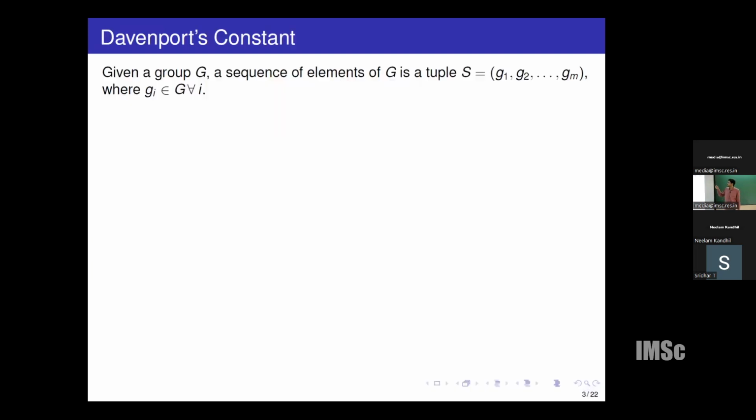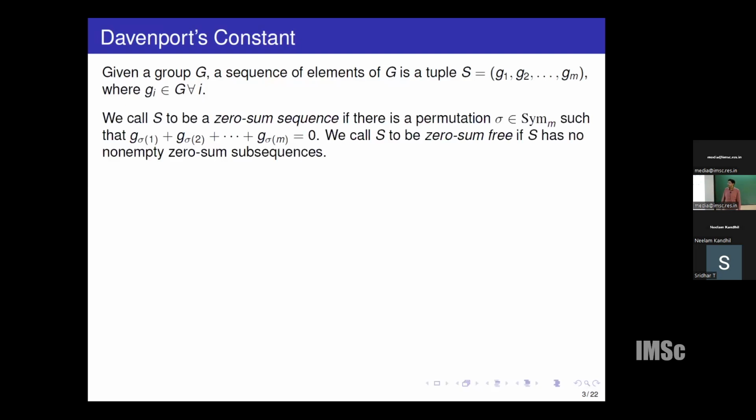So to explain that, we will first define the Davenport's constant. Given a group G, we define a sequence of elements of G to be some tuple g1 up to gn, where every element is an element of G, and these may repeat. And we call such a sequence a zero-sum sequence if the elements add up to 0.